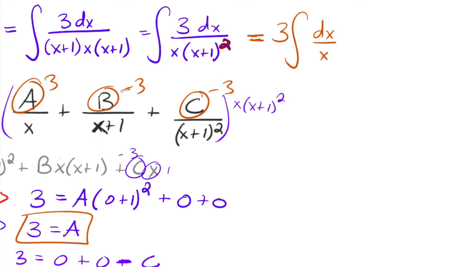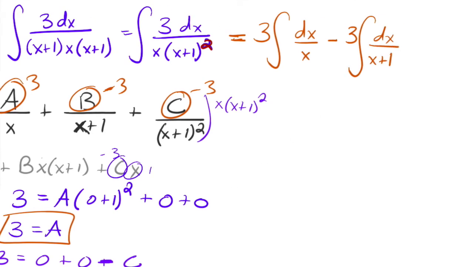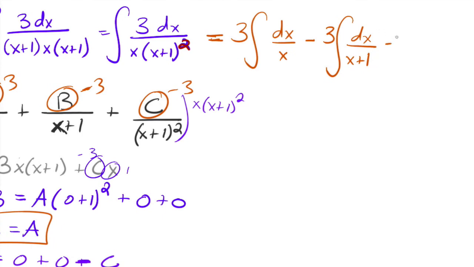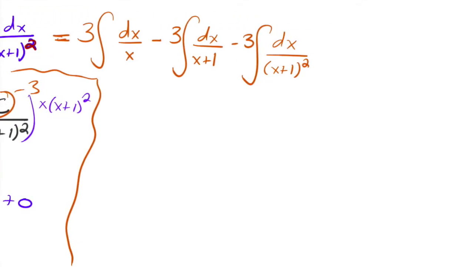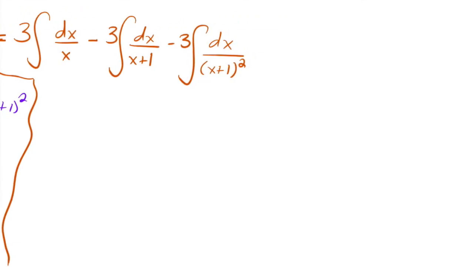And then the next one is minus 3. I'm just going to take the constants on the outside. Minus 3 dx over x plus 1. And then again, minus 3, the integral of dx over x plus 1 squared. And so now what we're doing is we're focusing on these 3 integrals.